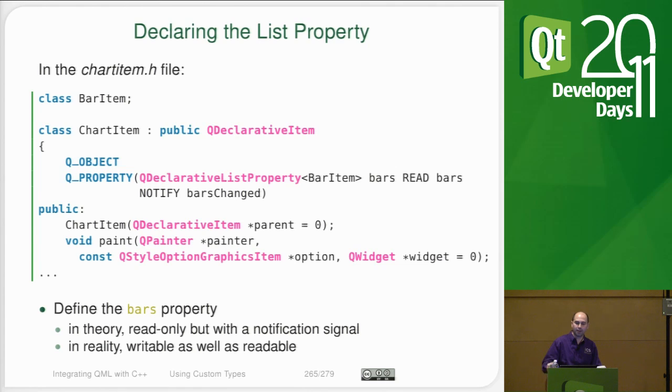And it's going to be called bars, its read function is bars, and it has a notify, bars changed. What we're going to find out here is that in reality, our bars is going to be read-write even though we don't have a write function. The reason for that is that the read function returns the list, not the contents of the list. So we can manipulate the list after we get the reference from the read function.